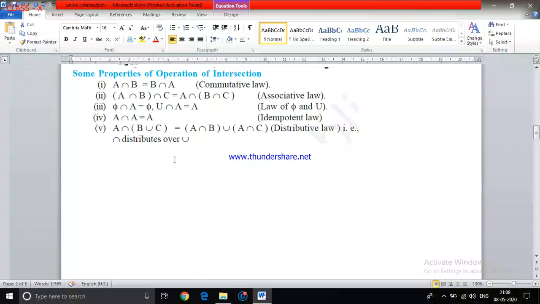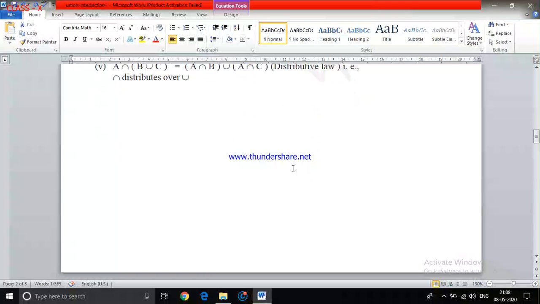If you remember the distributive property for the number system, it also has the same: A into (B plus C) equals AB plus AC. Right? So for union and intersection, the distributive property is A intersection (B union C) equals (A intersection B) union (A intersection C).